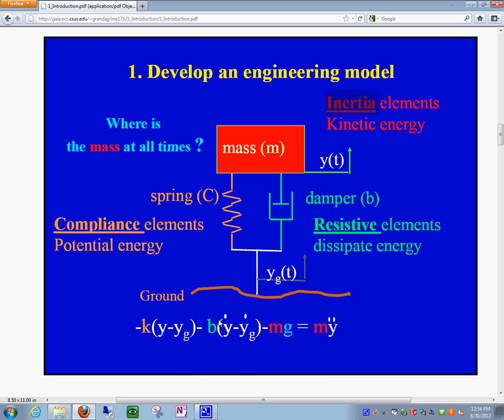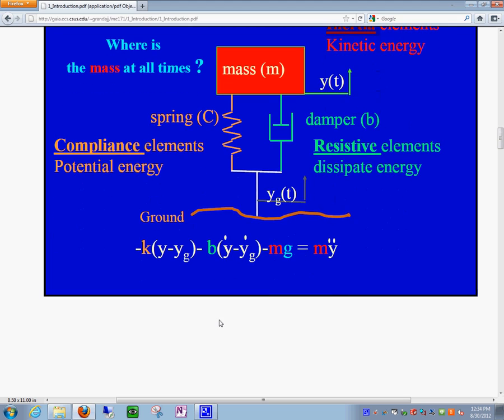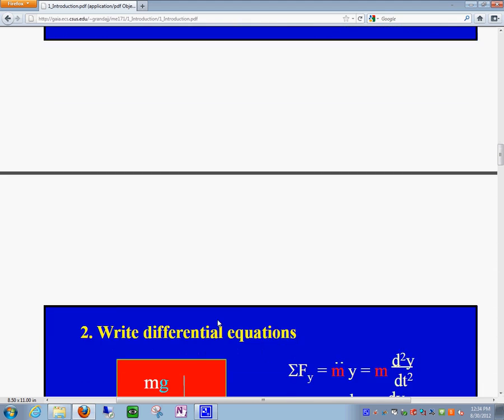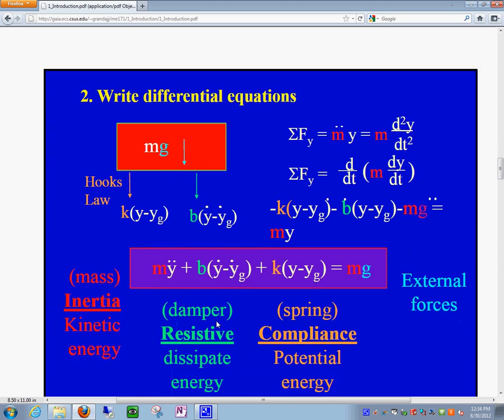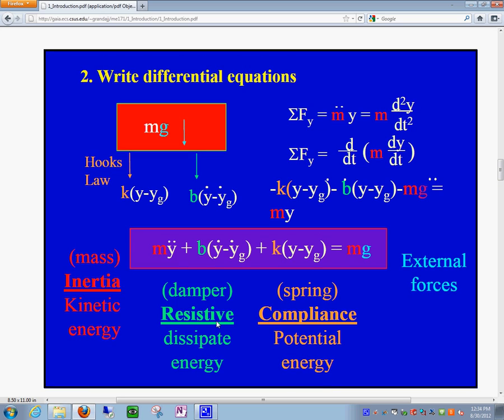In order to do that, we have to come back and review our E110 or basic dynamics class, where you will write the differential equations of the system. Do you remember what Newton's law says?